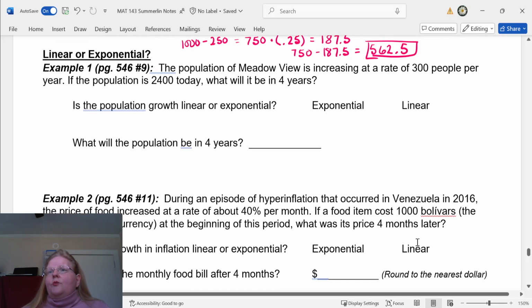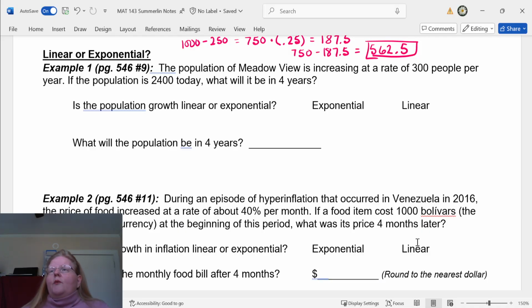So, for example 1, the population in Meadowview is increasing at a rate of 300 people per year. They want to know, is it linear or exponential? Well, if it's increasing at a rate of 300 people per year, is that a percentage or is that an absolute amount? It's an absolute amount. That makes it linear. Then they want to know what it's going to be in 4 years.